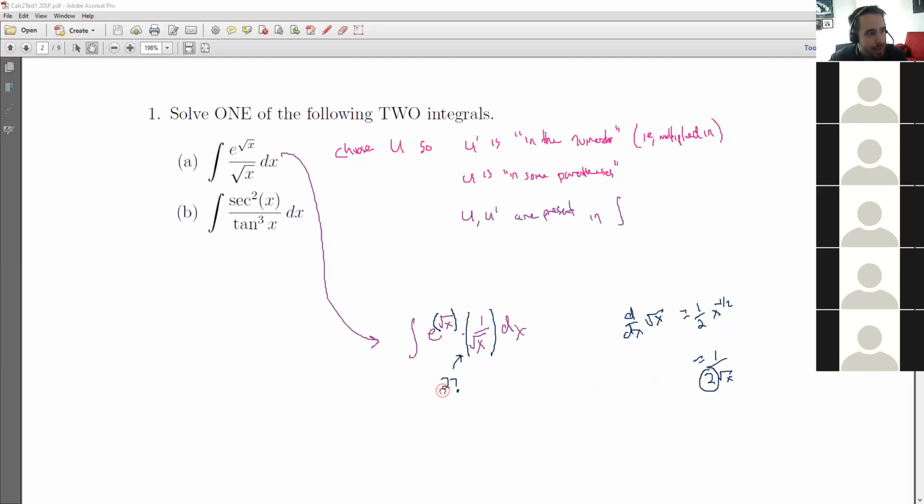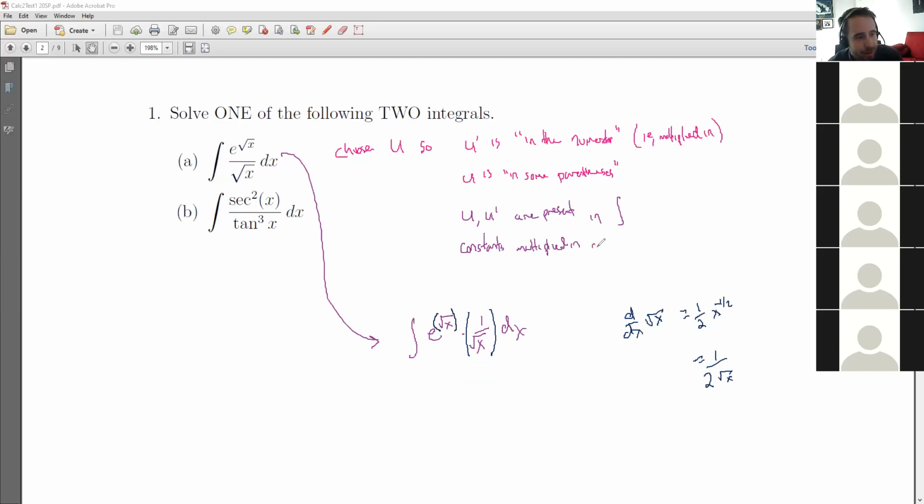So I guess maybe bullet point number 3, adding to our list up above, right? One other thing that we can say is that constants multiplied in, like that 2, right, in the denominator, that's just multiplied in.